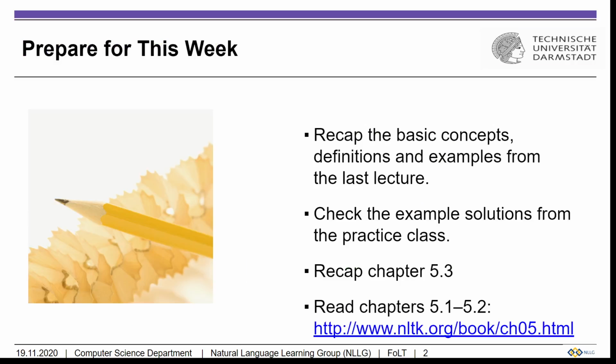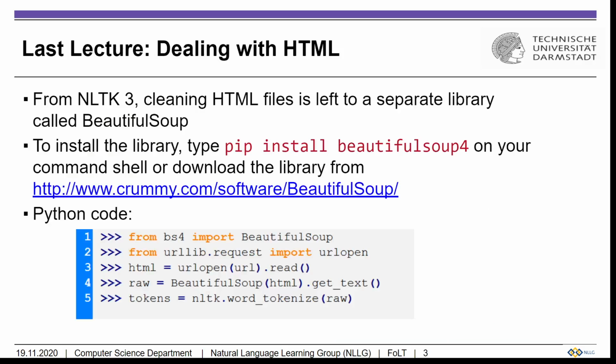So first of all, what you can do this week is recapitulate the basic stuff that we've done in the last week, including the NLTK book. Now, again, let's have a brief look at what we've previously been doing in the last lecture.